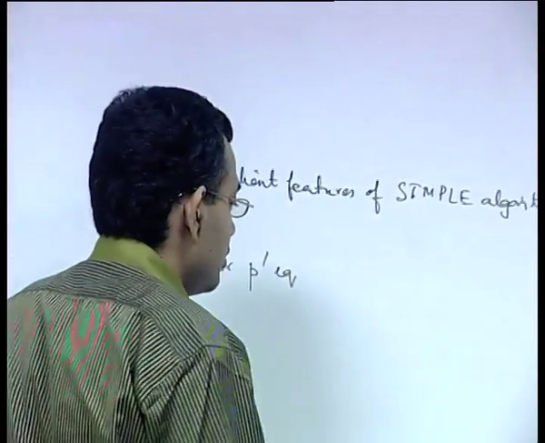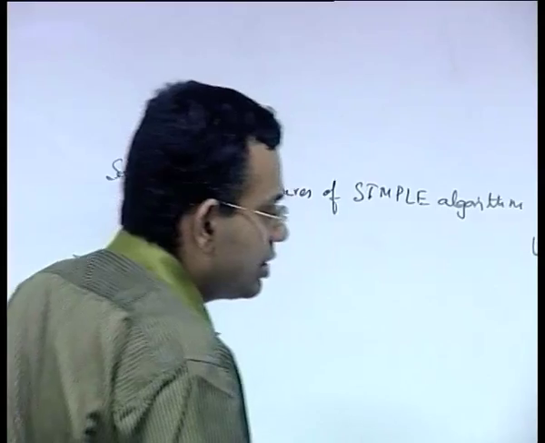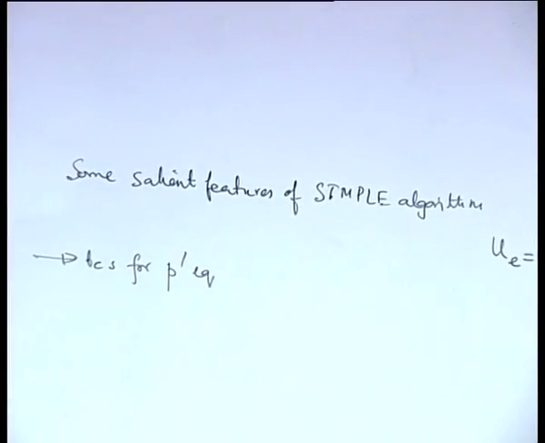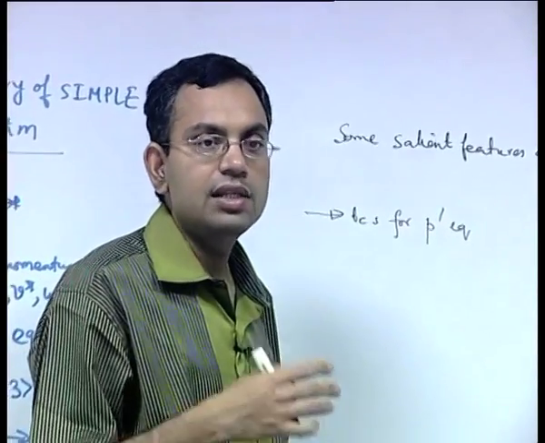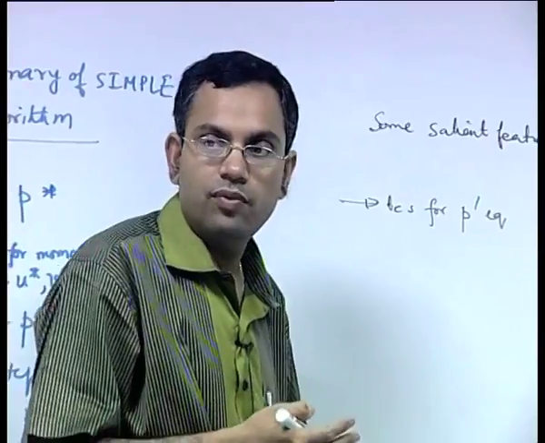Now there are several types of boundary conditions possible. We can discuss two important boundary conditions. One is a given value of pressure at the boundary, another is a given value of the normal component of velocity at the boundary.